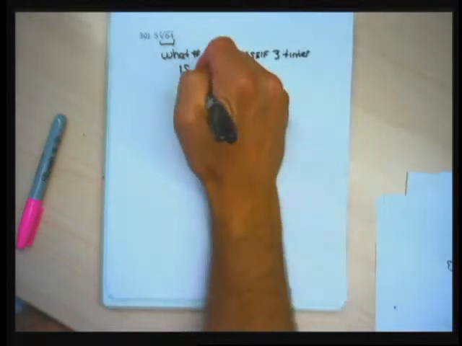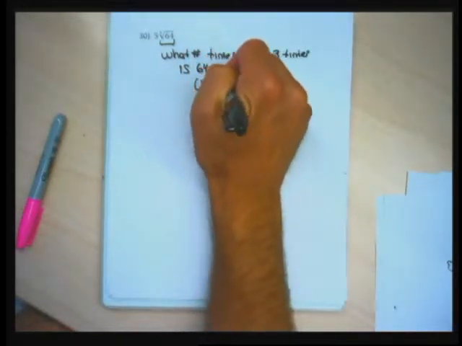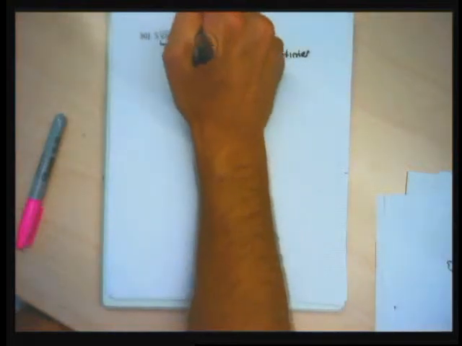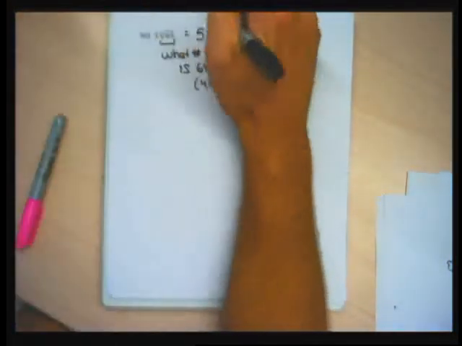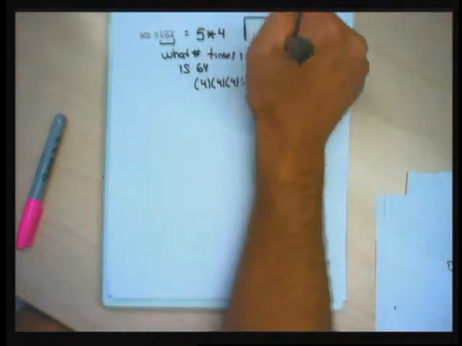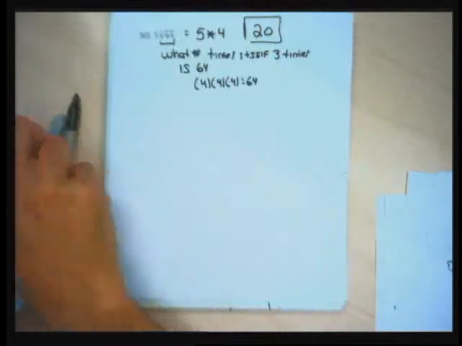And that's 4 because 4 times 4 times 4 equals 64. So 5 times the cube root of 64 is 5 times 4, and my answer to this problem is going to be 20.